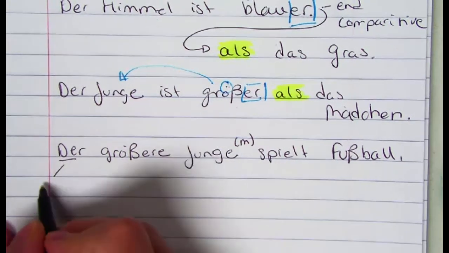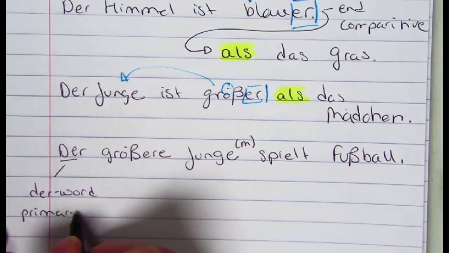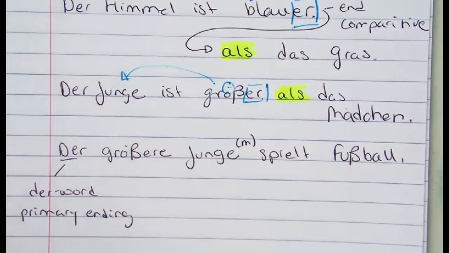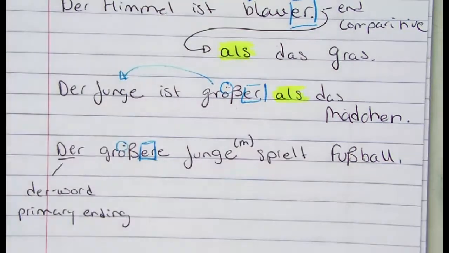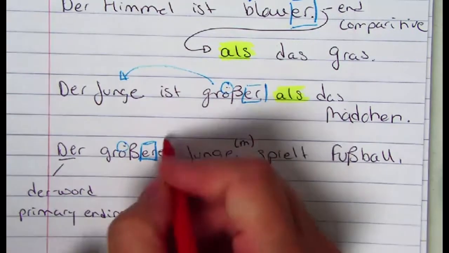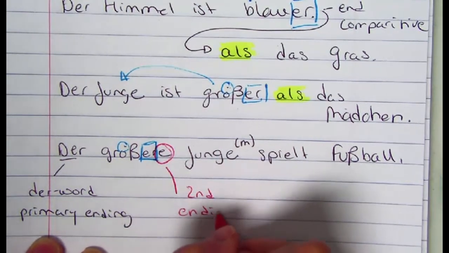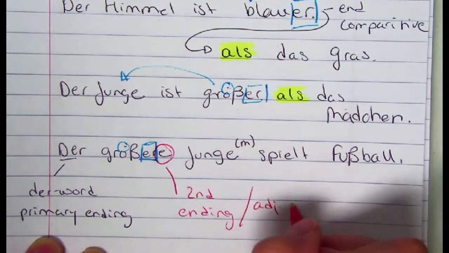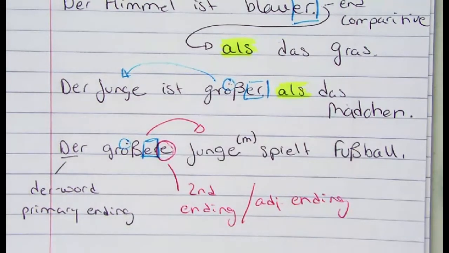We have it preceded by a der word, which of course then uses our primary ending. I still have my comparative form. That's where my comparative form is. And I added my secondary ending for the adjective. So in this case, because it is in front of the noun that it's modifying, it needs that extra ending. So I have der größere Junge spielt Fußball.